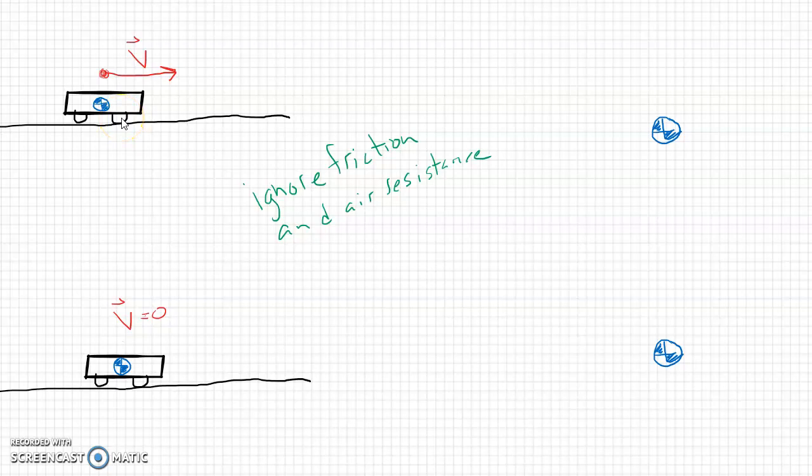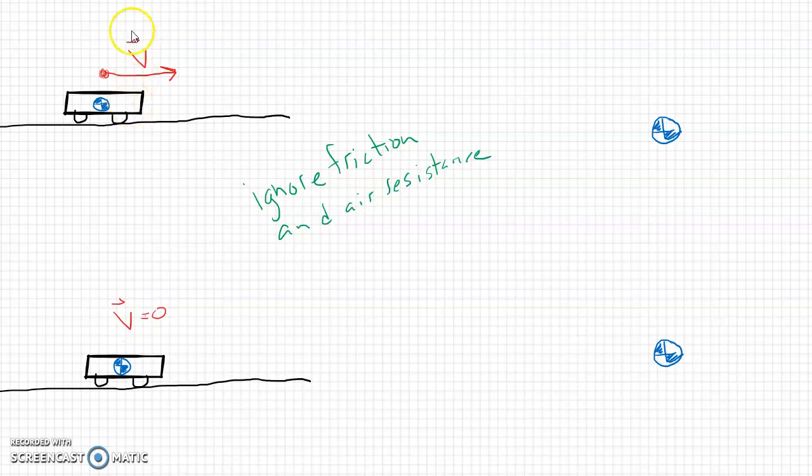Certainly we could do that, but we're going to simplify things and treat them all as point masses. Later on this year, we will deal with rigid objects when they have forces at different locations. But for now, let's treat this as a point mass.